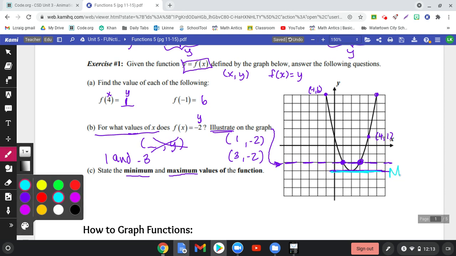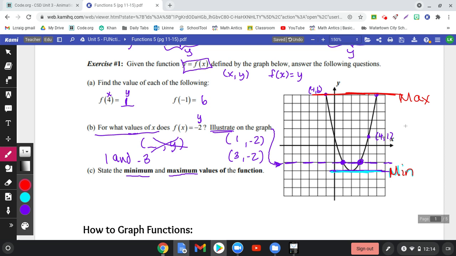So here's your min down here. It's kind of hard to see. And here's your very max up here. It's not because it's the top of the grid, it's because it's the very top of your function. So those values are what? The very top has a height of 6, and it doesn't go below -3.